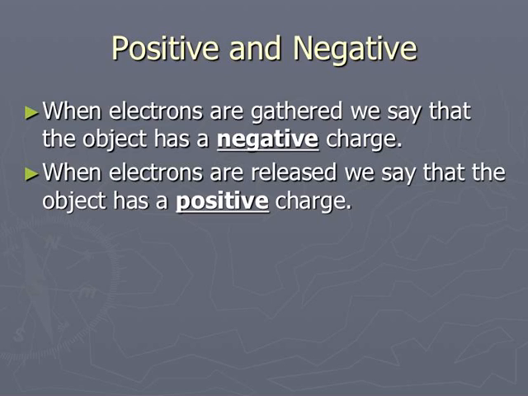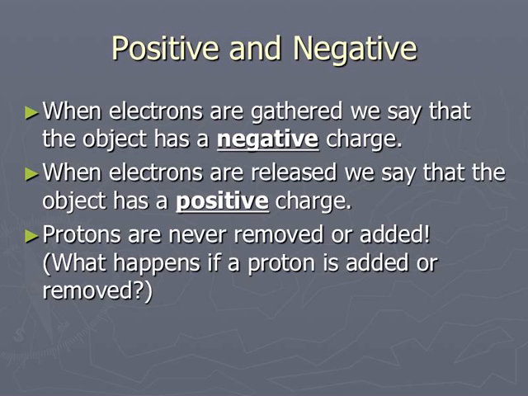To me, if I say collecting positive charge, that would mean adding protons, right? Because protons are positively charged. However, if I add or remove protons, what's happening? It's changing elements. If I have hydrogen and I add a proton, now I have helium. So we're not moving protons; we're just moving electrons.